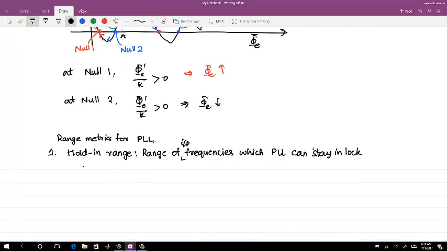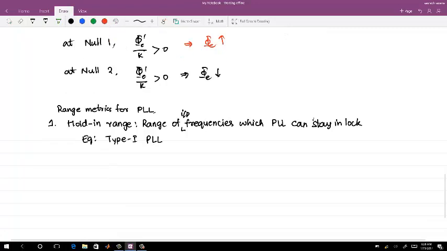Everyone remember this is a type 1 PLL, right? So for type 1 PLL, we have delta omega is KVCO times V control average value, which equals KVCO times KPD times sine of, because the loop filter DC gain is 1.